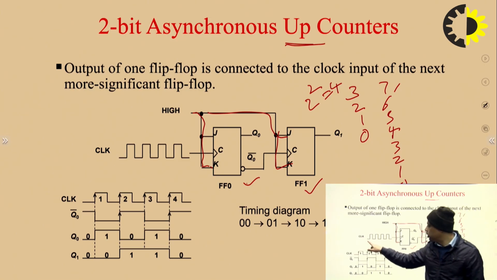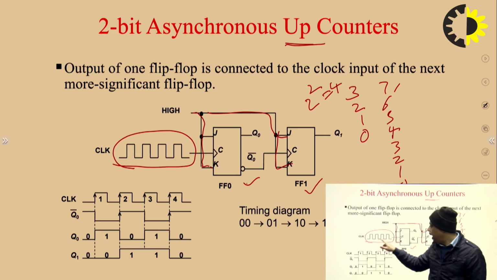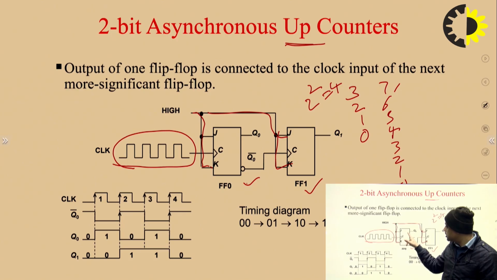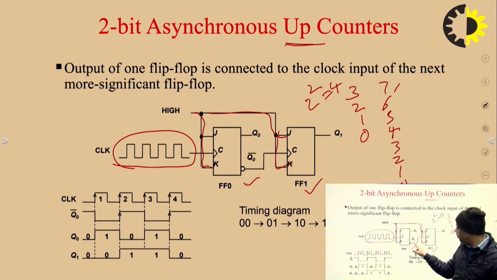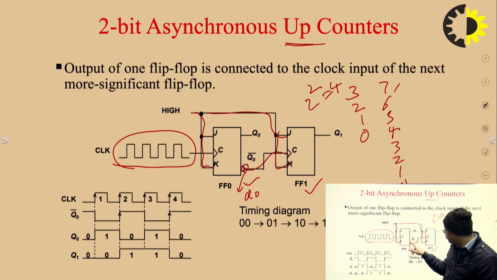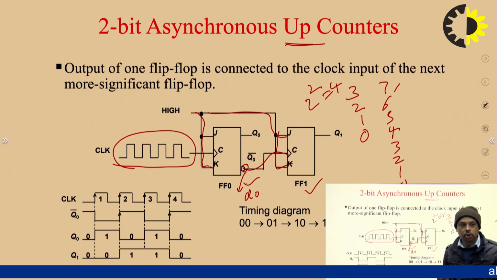Then the input is the clock, and the output of this clock pulse is going to feed the next flip-flop. As we can see over here, there is a bubble, that means it generates Q0 only, because it generates Q0 bar, but due to this bubble it became Q0 only. Now this is F0, this is F1.